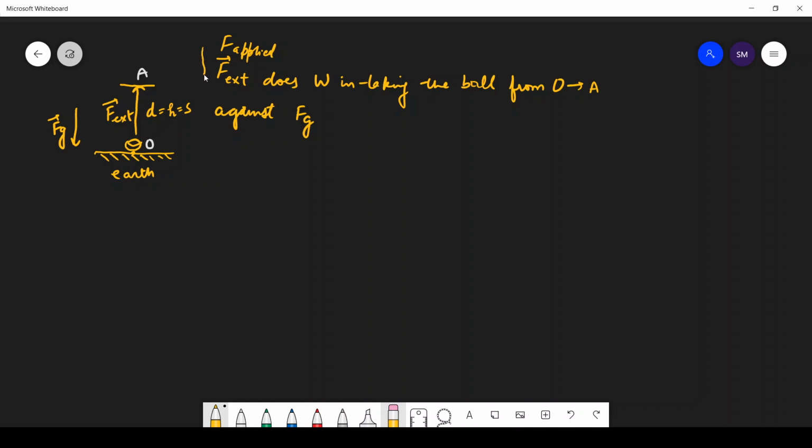So external force does the work in taking the ball from O to A against the gravitational force. And this gravitational force is conservative force.